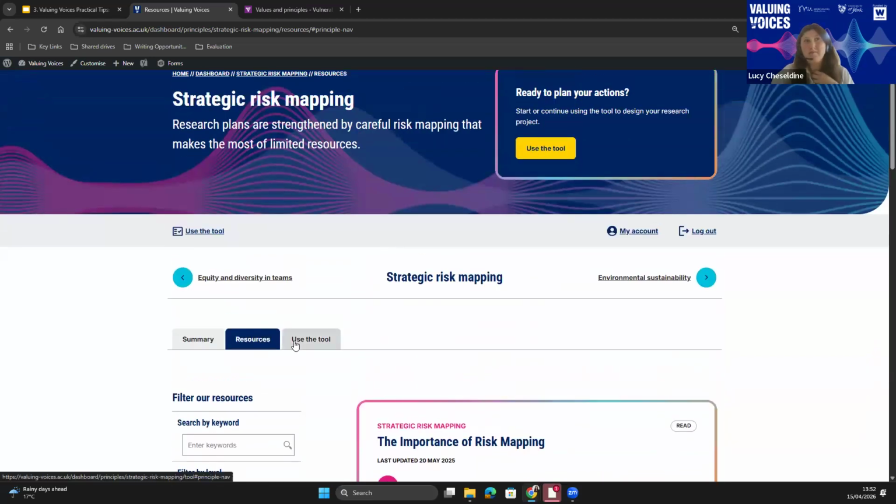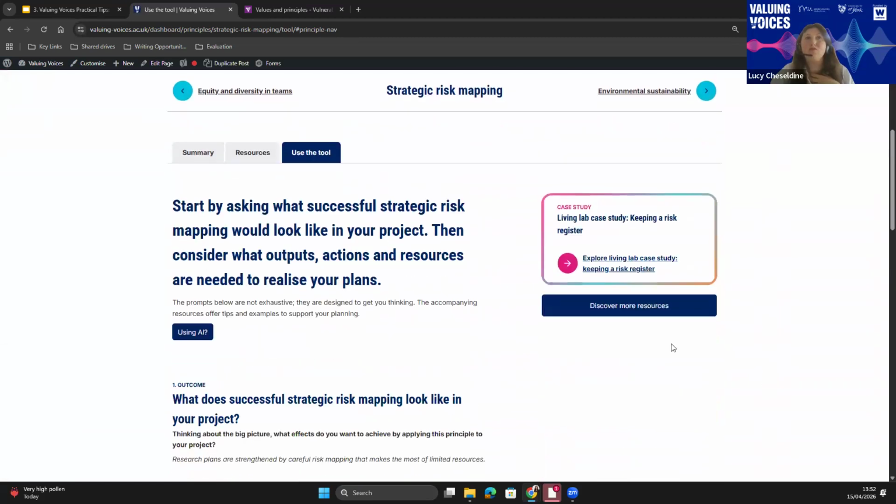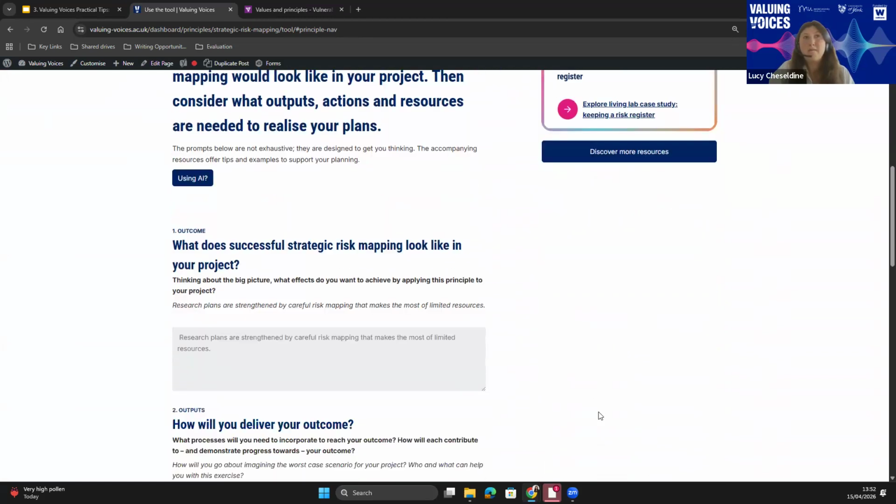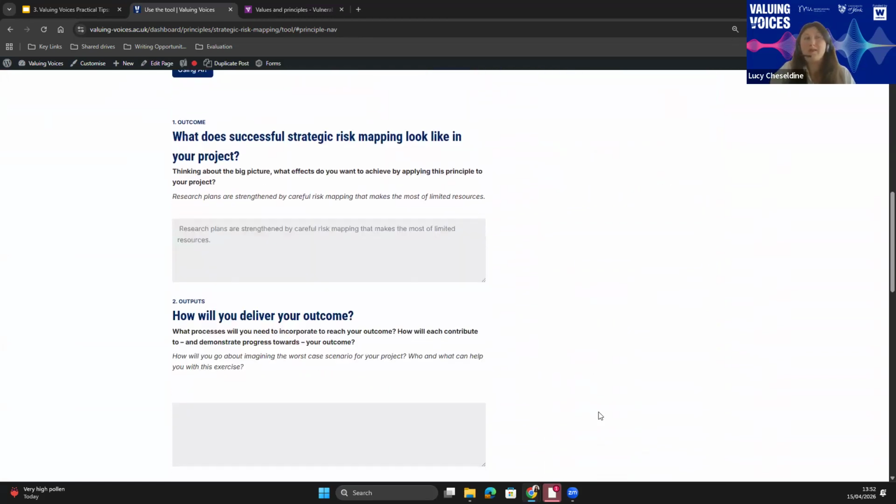And hopefully the aim with the tool is that once you've familiarised yourself a little bit with risk and thought about how it applies to your project and how you might map and manage those risks, there are 4 planning questions that you can answer to help you think about how you will implement strategic risk mapping in your project. And as for all of the principles, it's centered around 4 results-based planning questions.